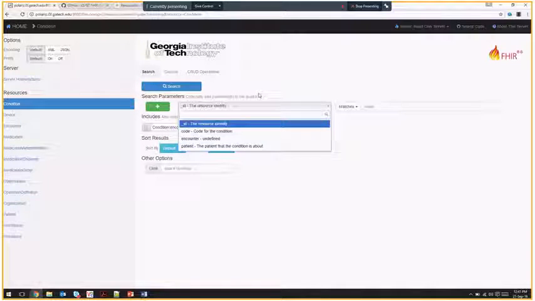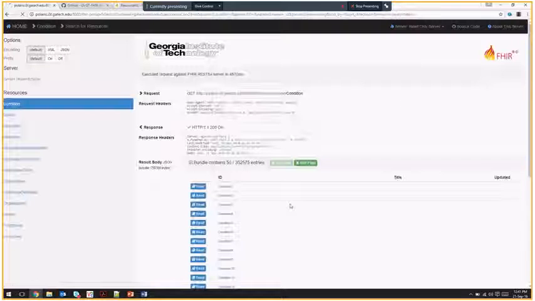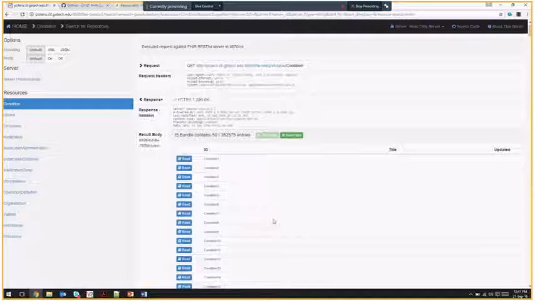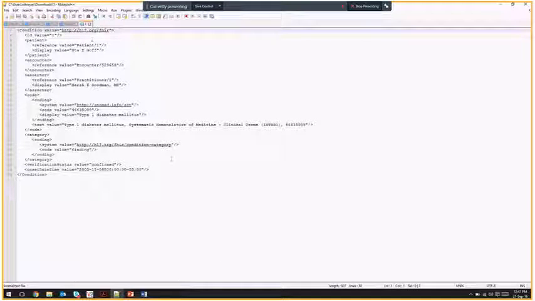If we search the condition with no parameters, we get the whole list of the conditions that are available. So here we can download any of the conditions and check it. This is one of the conditions that I downloaded. It talks about the condition of type 1 diabetes mellitus.